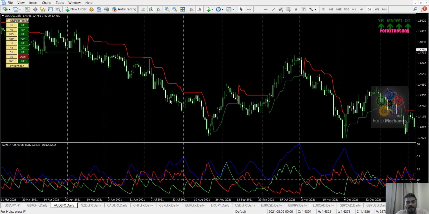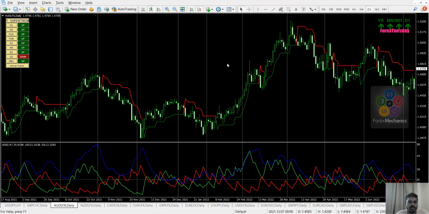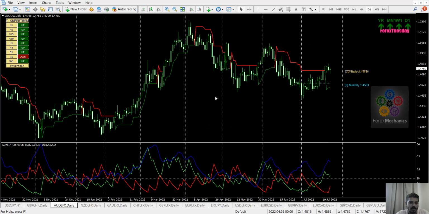Now, since I'm using the ADX, I'm doing something different. Instead of looking for the ADX to cross above the 20 and start rising, I am looking for situations where ADX is obviously trending, which means that the ADX is already above the 20.